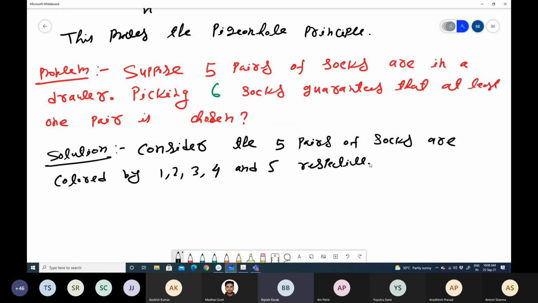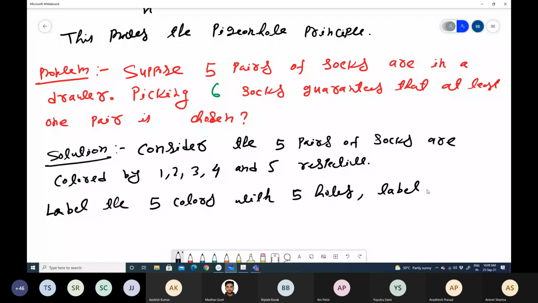Now here, label the 5 colors with 5 holes. Now these are your holes, and label the socks with pigeons.